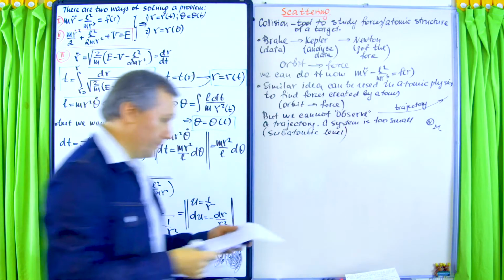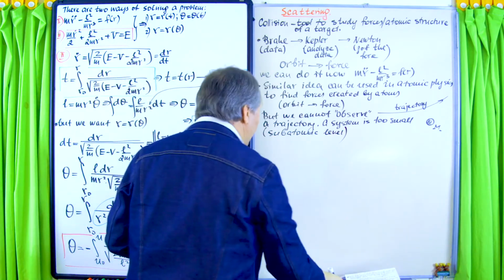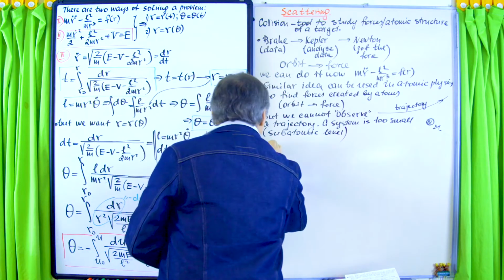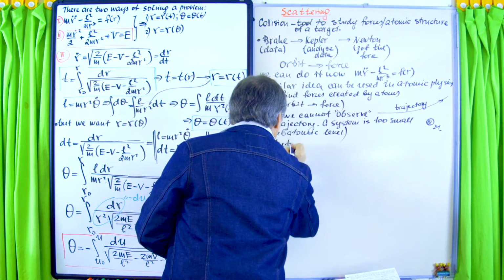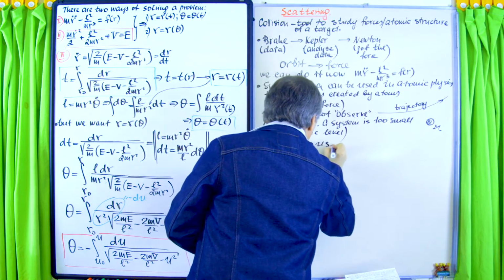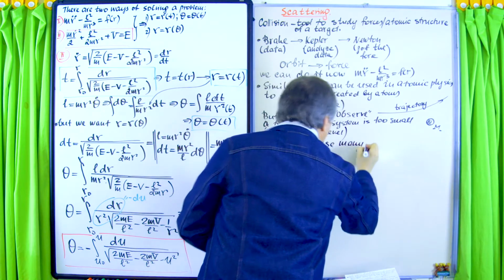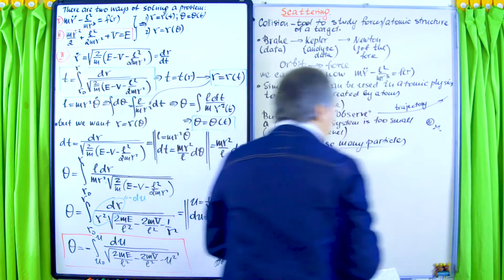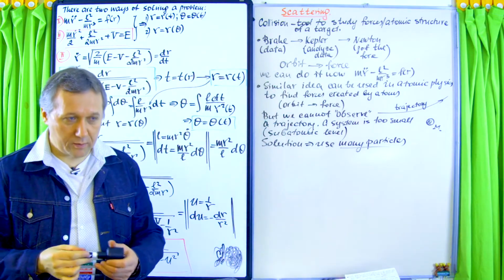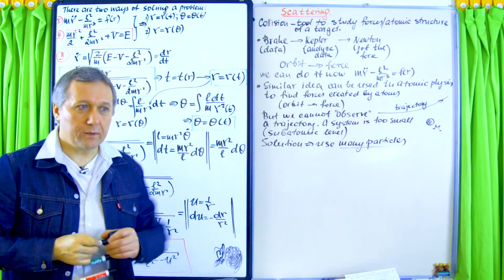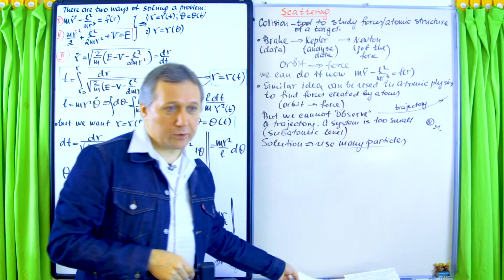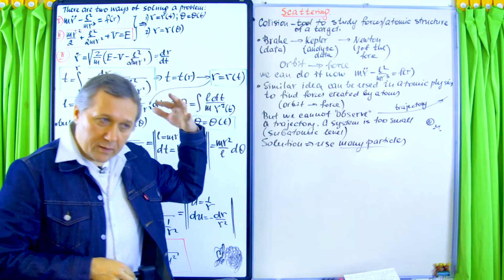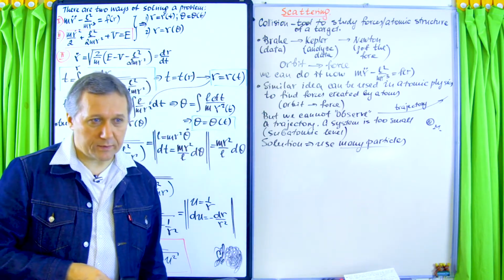So that's why we need to use many particles in order to analyze. So the solution: use many particles, and develop a new kind of theory which will allow us to get information about the target by analyzing the distribution of many scattered particles instead of one.